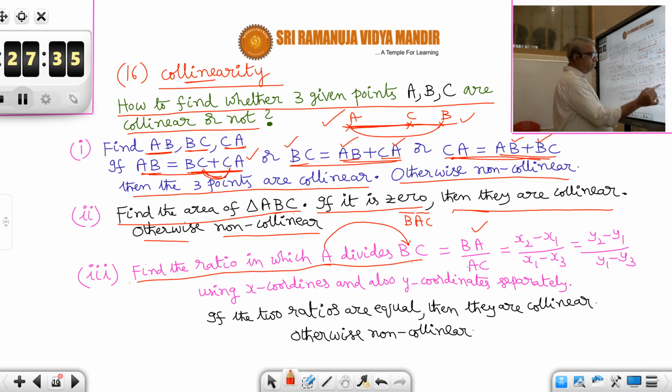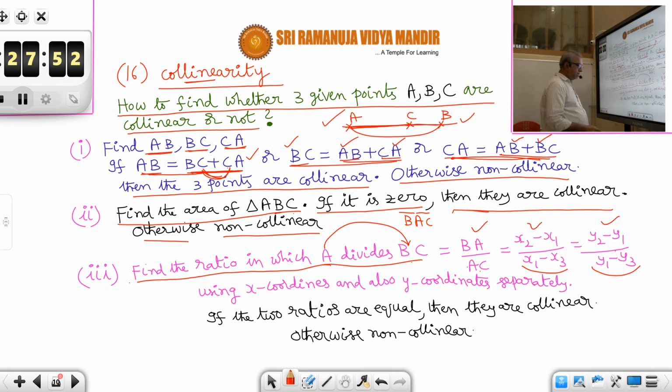BA by AC can be calculated by 2 different formulas. You can use the x coordinates or you can use the y coordinates also. Using the x coordinates you find the ratio, using the y coordinates also you find the ratio.